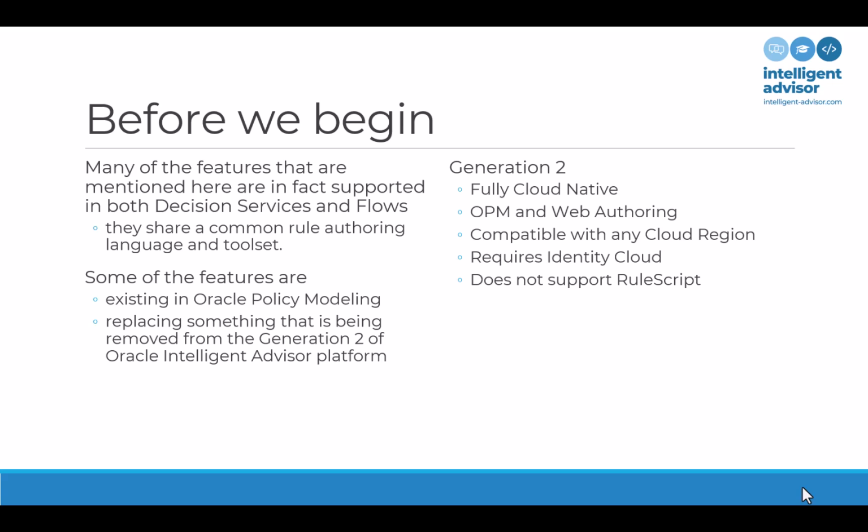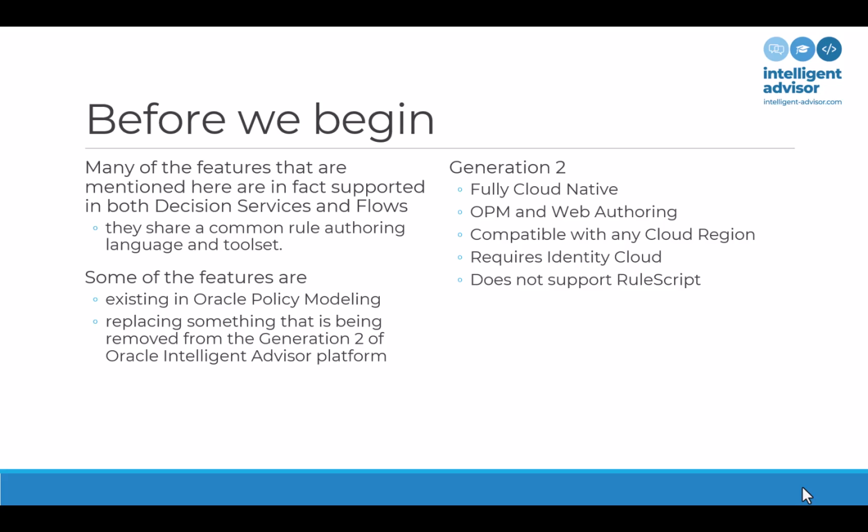Most of the changes are, in fact, on the infrastructure side, on the server side. For example, if you choose to create an instance of Generation 2, your instance will be in an Oracle Cloud Infrastructure, OCI instance, in a fully cloud-native region.